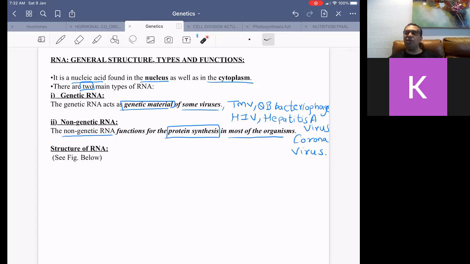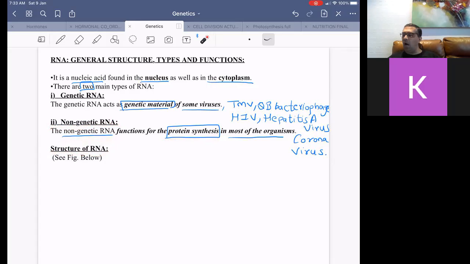We have DNA as genetic material, and we have non genetic RNAs. The non genetic RNAs function for protein synthesis. So, in us, our genetic material is DNA, and RNAs help in protein synthesis.